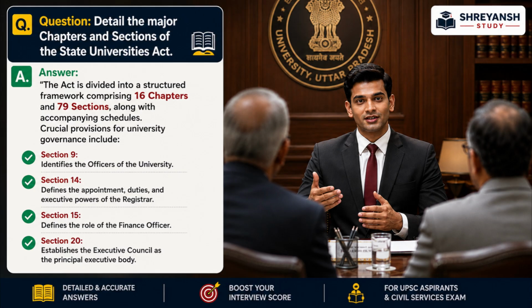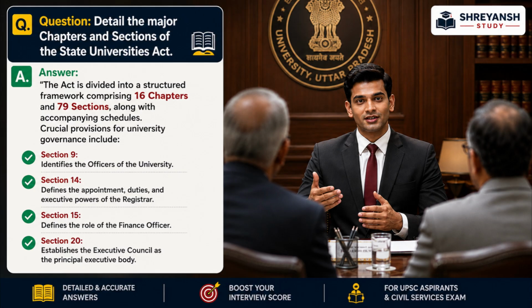Detail the major chapters and sections of the State Universities Act. Sir, the Act is divided into a structured framework comprising 16 chapters and 79 sections along with accompanying schedules. Crucial provisions for university governance include: Section 9 identifies the officers of the university.